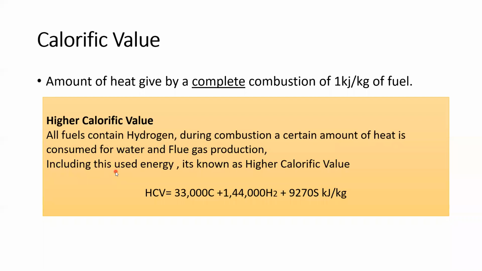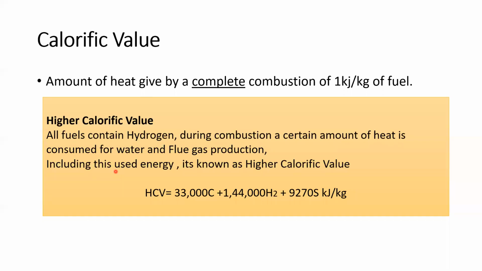Right, so the higher calorific value means all fuels contain hydrogen. So during hydrogen combustion, a certain amount of energy is consumed in order to produce the water and the flue gases. Flue gases, if we consider the previous example, include carbon dioxide. If there's sulfur, it produces sulfur dioxide. If there's nitrogen, it can produce nitrogen oxide.